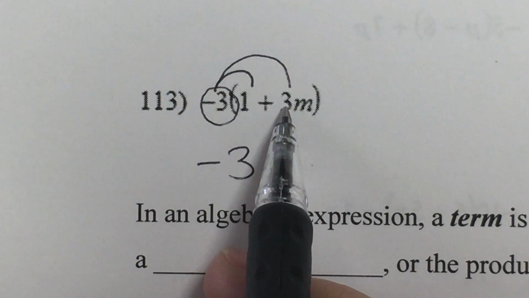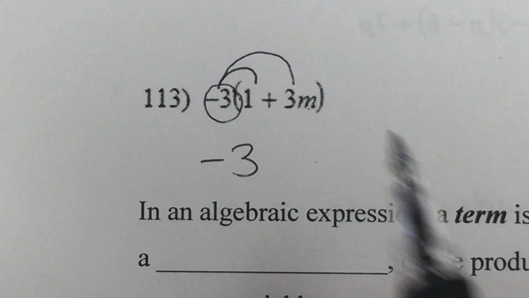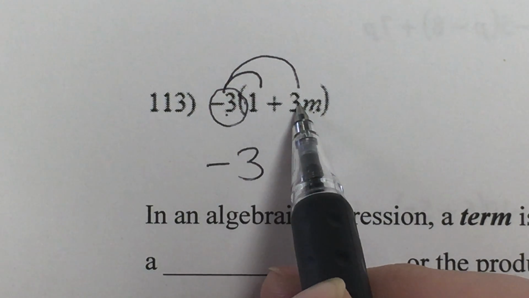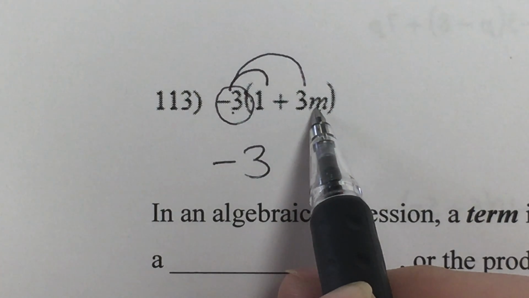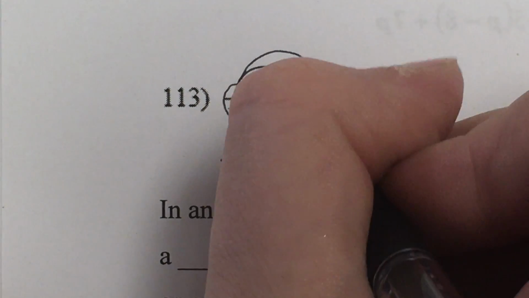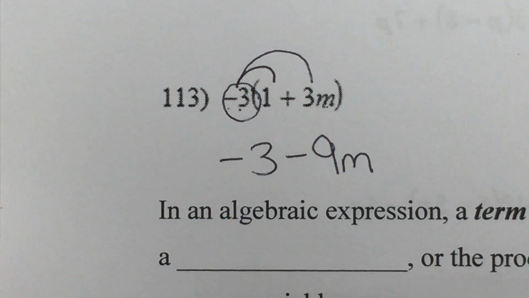Okay, the variable has a number in front of it, a coefficient in front of it. So what do we do now? Well, this negative 3 and this positive 3 get multiplied together, and then the m just kind of comes along for the ride, I guess you could think of it that way. So negative 3 times 3 is negative 9, and then m comes along for the ride. Okay.